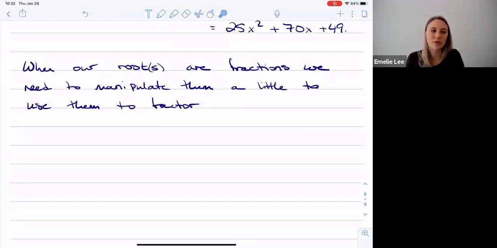That's part of what we're learning here. When our roots are fractions, those are our roots. -1.4 is our root. Thinking about the fraction as a decimal is a little bit easier. So when our roots are fractions, we have to get them out of a fraction before we can use them to factor. Whereas earlier, when we had our roots as 6 and 7, that was easier because we can just use those roots. But as soon as we're dealing with fractions, we have to manipulate them a little bit.